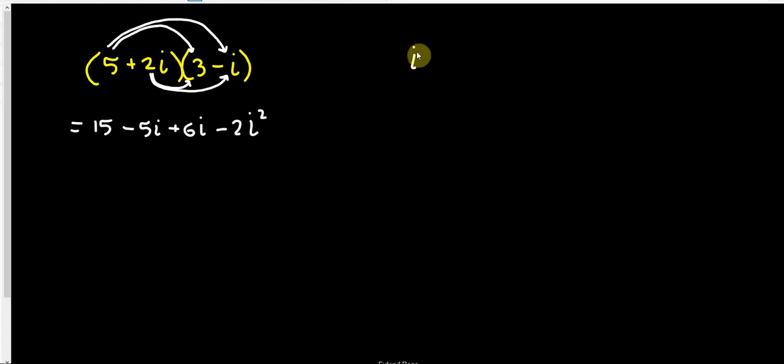Well, we haven't defined yet or discussed what i squared is, but let's think about it for a second. i is the square root of negative 1. And so if I have this written out twice, I can express it as the square root of negative 1 times the square root of negative 1.